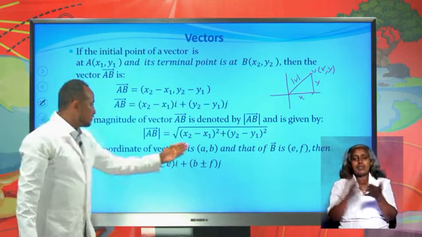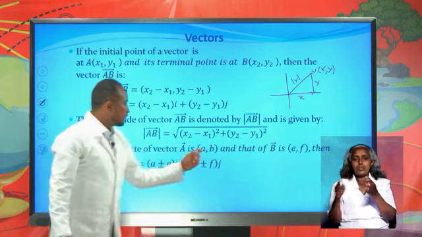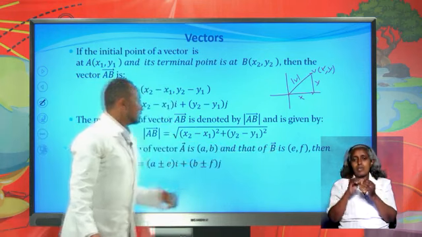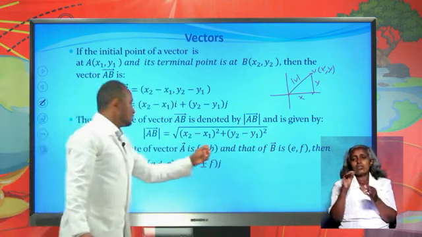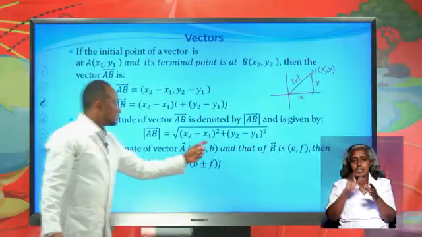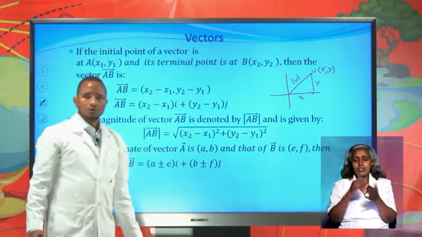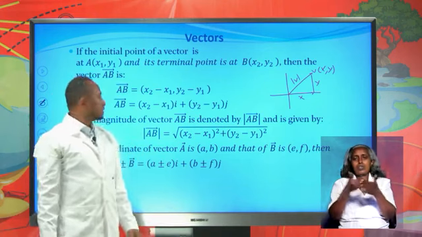The sum of vectors A and B is simply the sum of their components. Therefore, A plus B is equal to a plus e in the i direction plus b plus f in the j direction. If it is minus, it is a minus e in the i direction plus b minus f in the j direction. So to add or subtract vectors, simply add or subtract their components.